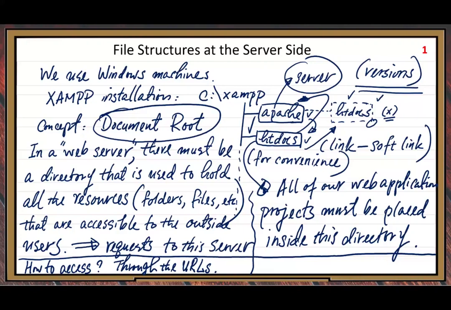For example, in our situation, we access http:// on our own machine. Here we assume we start the Apache server running on our machine. http://localhost, remember, we use a special host name, localhost.